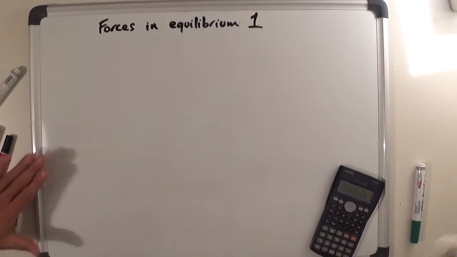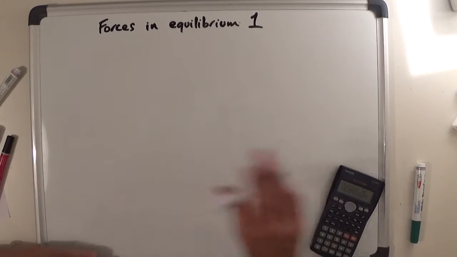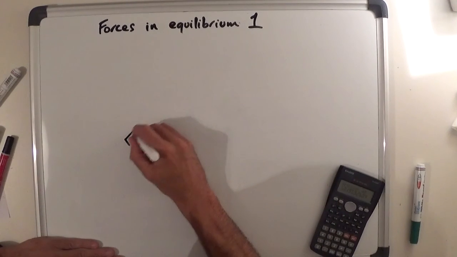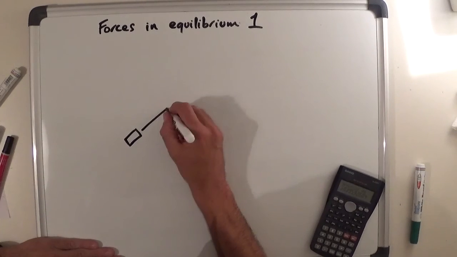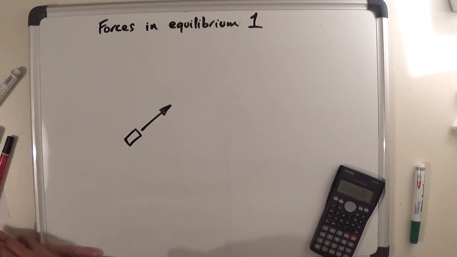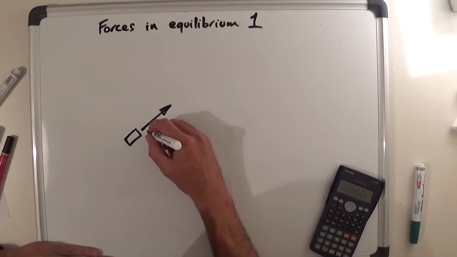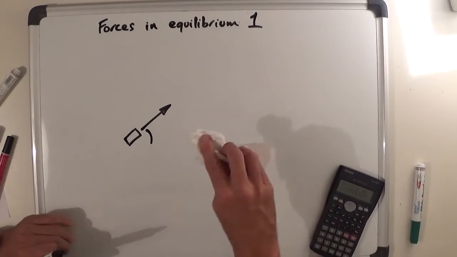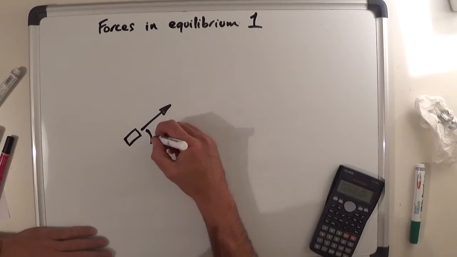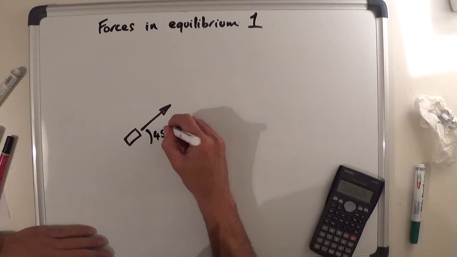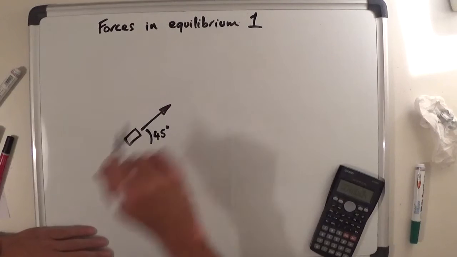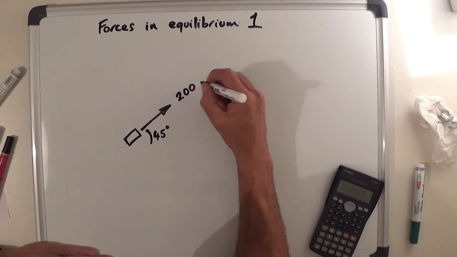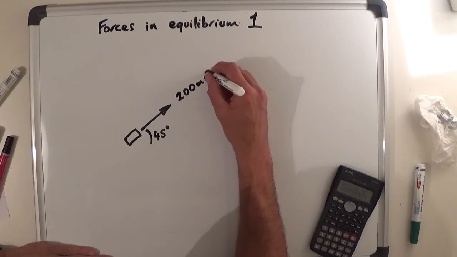Let's suppose you had a rocket shooting off into space. There we go, off the ground. It was projected at an angle, let's suppose it's going off at 45 degrees now, and it's projecting off into space with a velocity of 200 meters per second, ms to the minus 1.